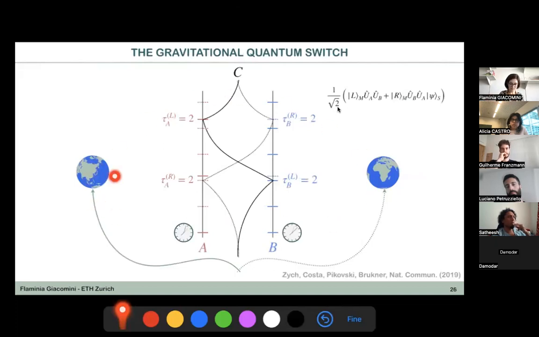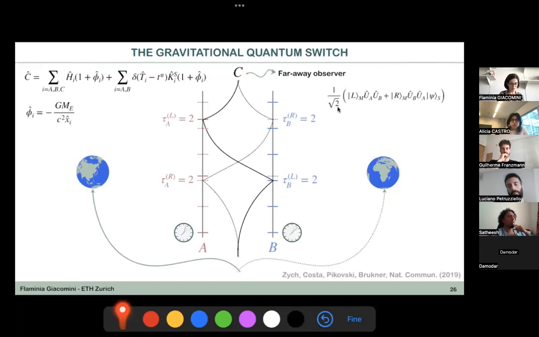So just as a reminder, this was the gravitational quantum switch, and C was the faraway observer. In this picture here, we can just write the gravitational quantum switch using this constraint, where this phi I is basically the Newtonian potential of the Earth, where basically the position of the Earth can be left or right.